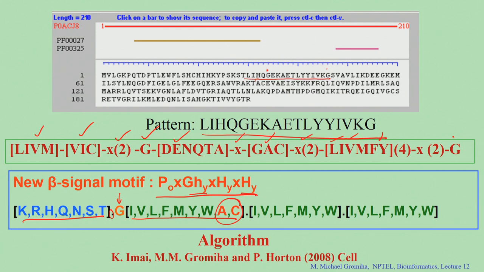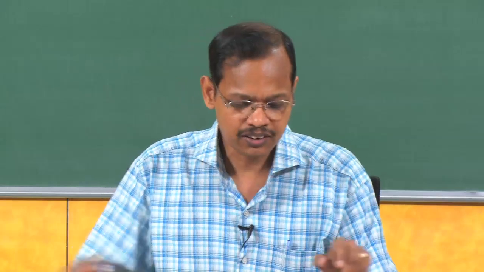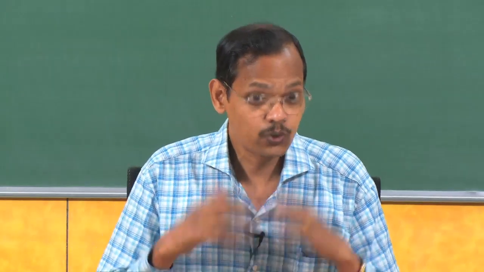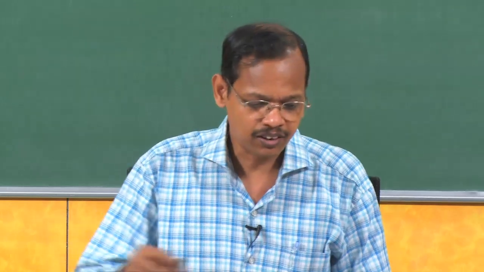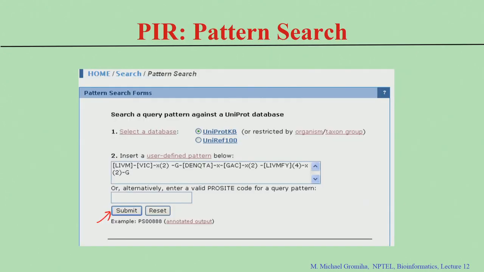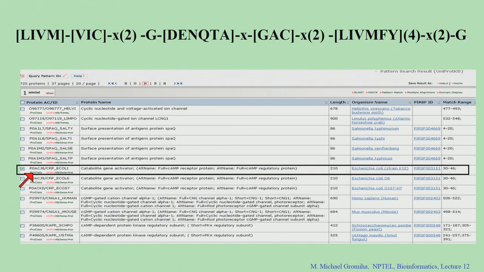Now, the question is, experimentally they showed that this specific motif is important. Is that true or not? How to verify? First, take all beta barrel membrane proteins and write a pattern easily, because if you go here and write this pattern, you will get the list of proteins.